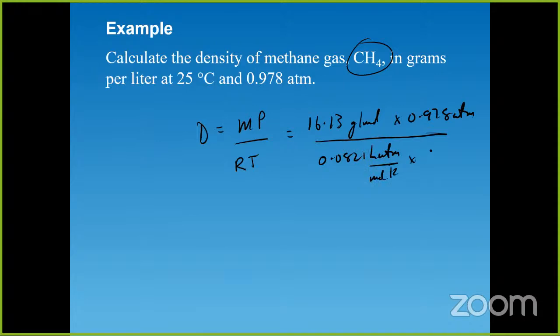You have to convert 25 degrees to Kelvin, which gives you 298 Kelvin.